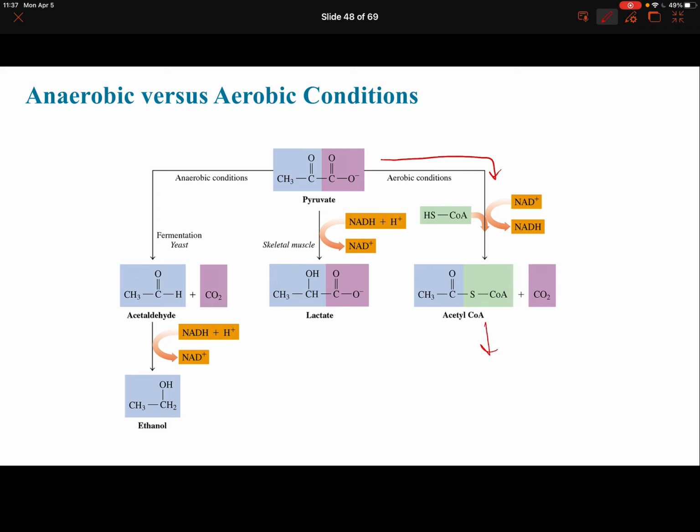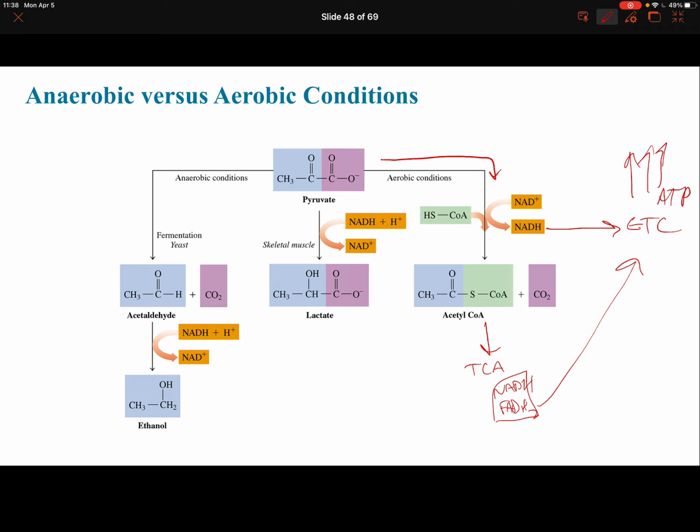And then, of course, that goes into the citric acid cycle. The NADH goes on to the electron transport chain. And again, all of the other coenzymes that we'll make here, more NADHs, more FADH2s, they go to the electron transport chain. And this is just more and more ATP.